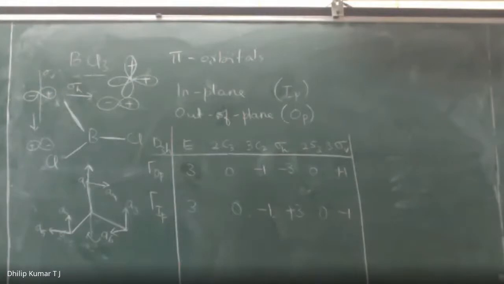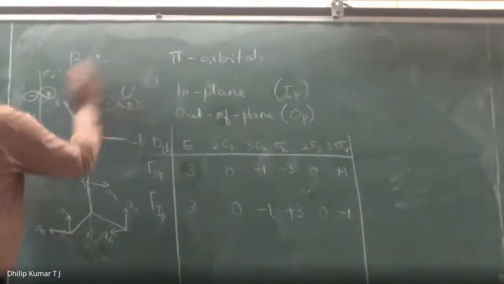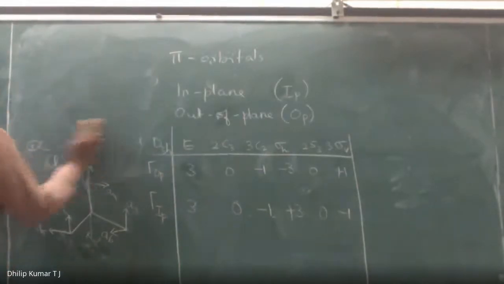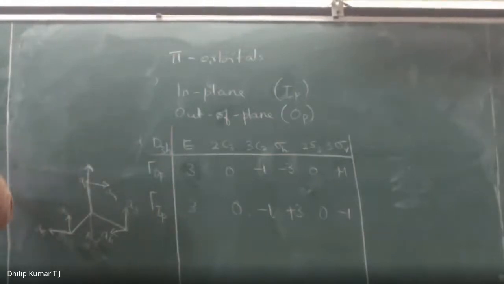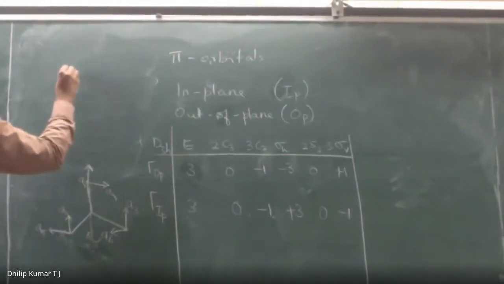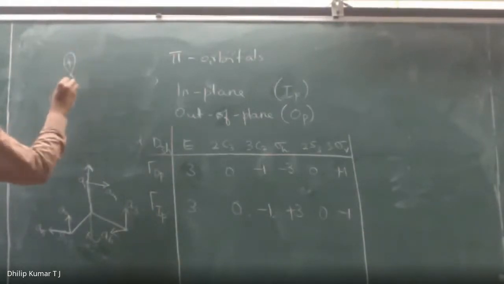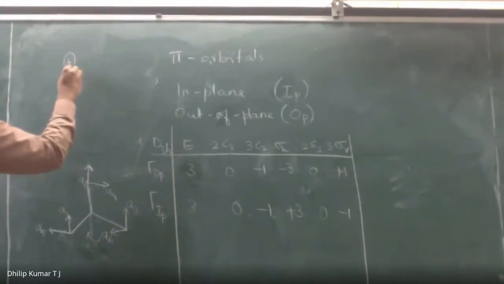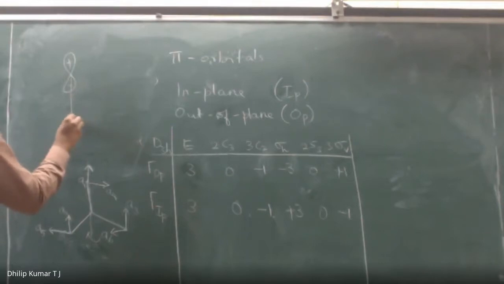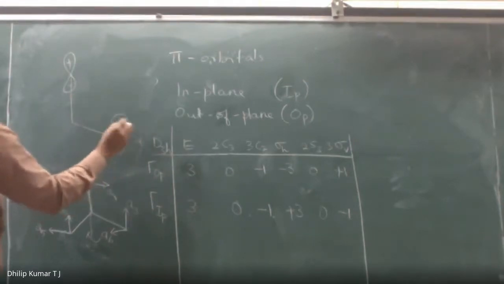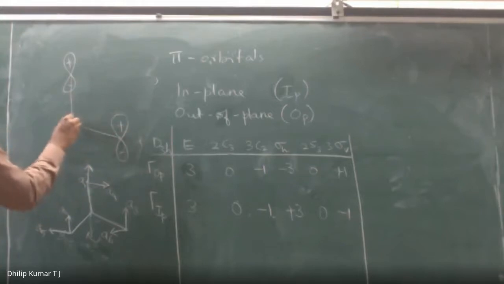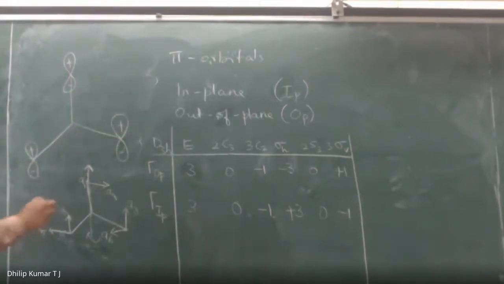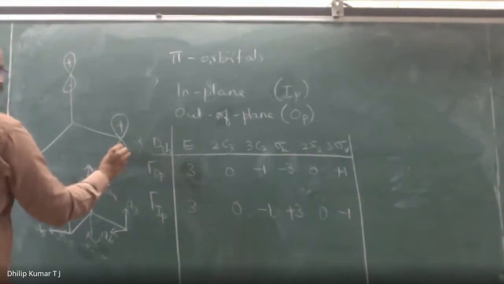Okay, so sigma H, let me erase everything. It's confusing. You agree this orbital is present here for, say, one chlorine atom, and then it goes to another. I'm just leaving out all the atoms and all the signs.